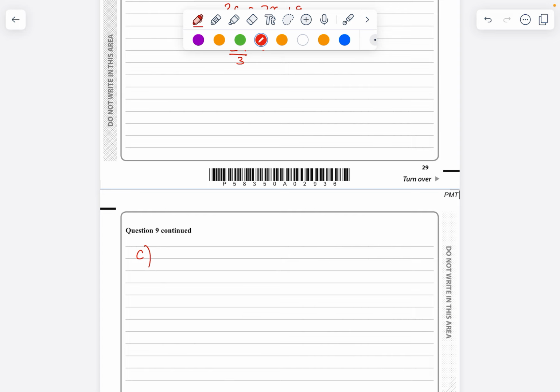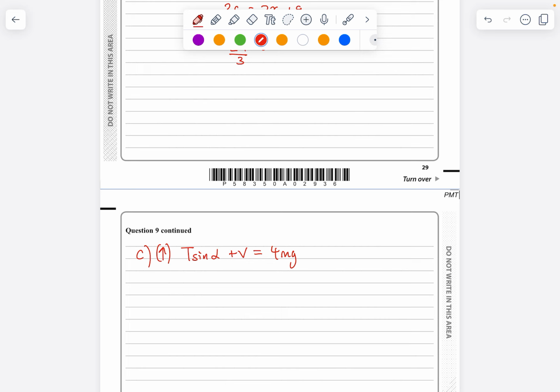So I've got the horizontal force. Let's look at the vertical force. So again, T sine alpha, the vertical component of my tension, plus V equals 4mg, which is the total vertical weight.